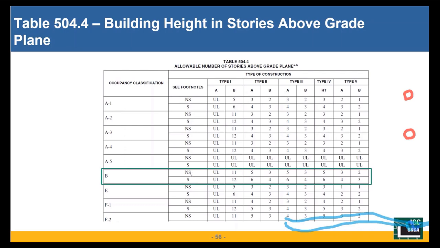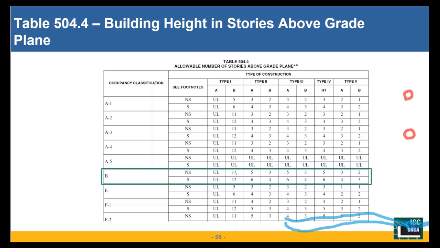If it's non-sprinklered, it allows you to go unlimited height. For type 1B, the restrictions we talked about just now are not the same as type 1A. The rating for the exterior walls, for example, is 2 hours versus type 1A is 3 hours. So the code takes away the unlimited height, but limits you to 11 stories.